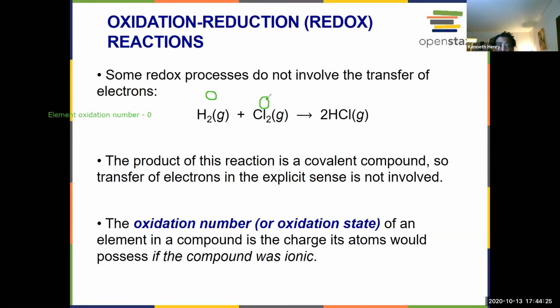It can have a +1 or it can have a -1. 90% of the time, hydrogen is going to prefer a +1 oxidation. So this guy is going to have a +1. Now, your halides are going to have a -1.